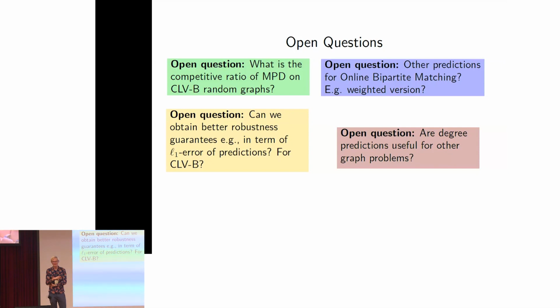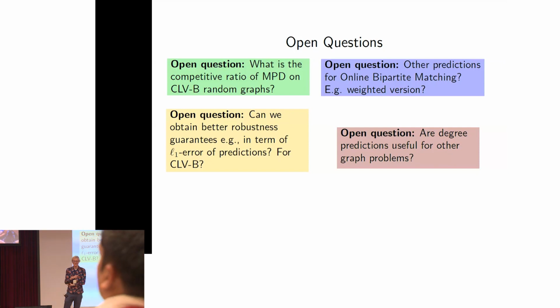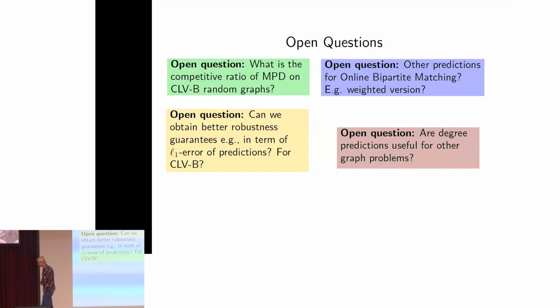Hi. As you showed at the beginning, the mean prediction is not useful in the worst case. Did you think about other possible predictions which would be useful? Of course, you could predict the order in the KVV, and then you could get a one-competitive algorithm. But that's not very learnable. You have to stick to some simple predictions that make sense in some learnability context.